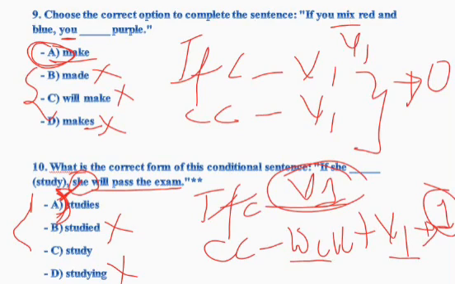I hope I will help you, and you will be better in doing your exam. This will help you a lot.